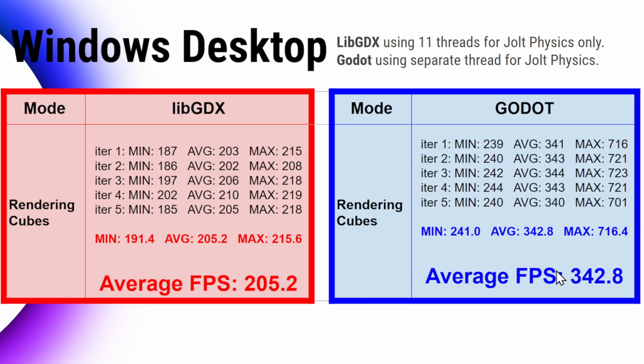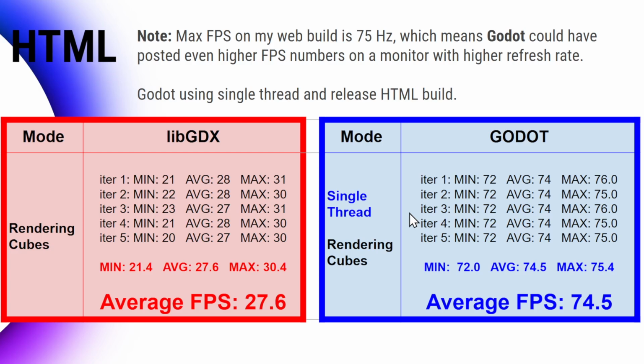So if you actually look at this, it's about 70%. It's 1.7 times faster. Okay, scratch that. It's 70% faster. Godot is 70% faster, which is significant. But on the web, libGDX is an unmitigated disaster.